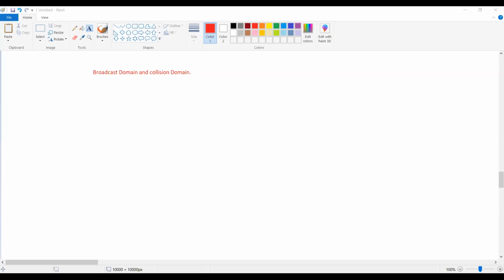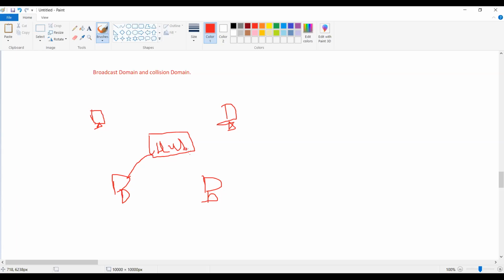Okay. Now let's say, I'll draw it for you. Let's say this is my PC and this is my hub. This is another PC. This is another PC, which is connected to the hub. Okay. Now I'll take some other color.